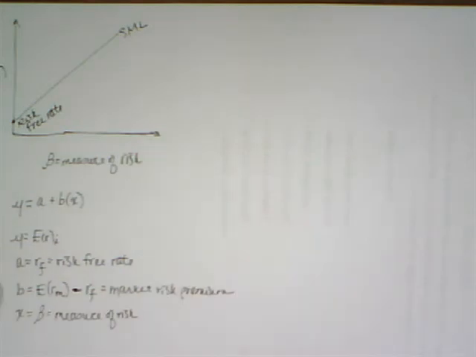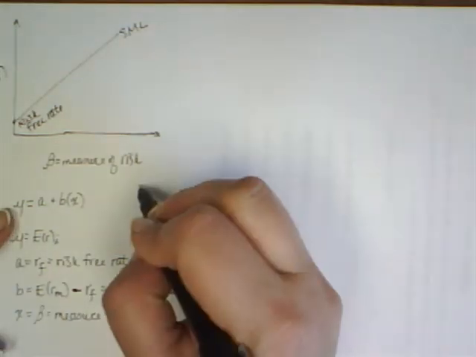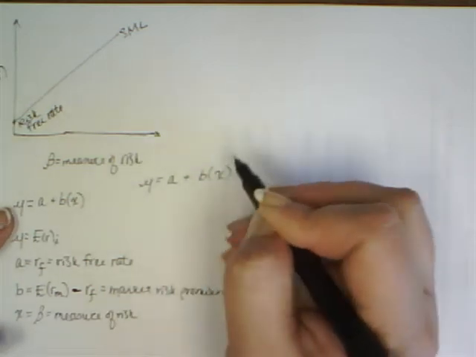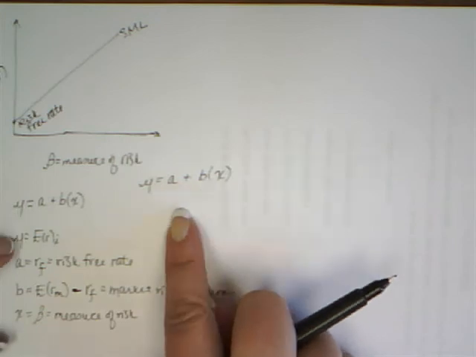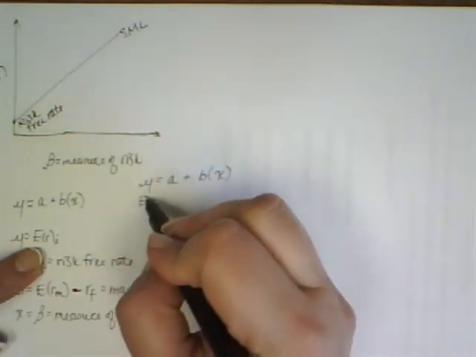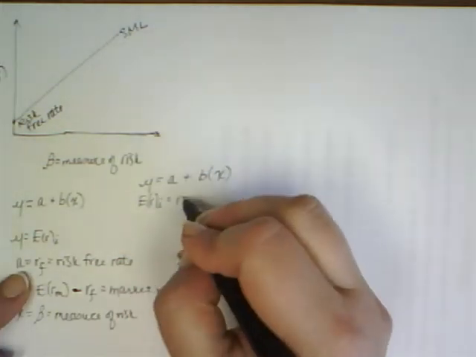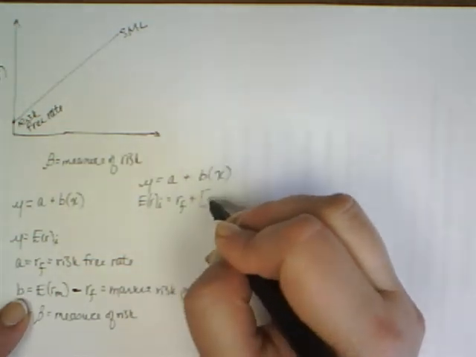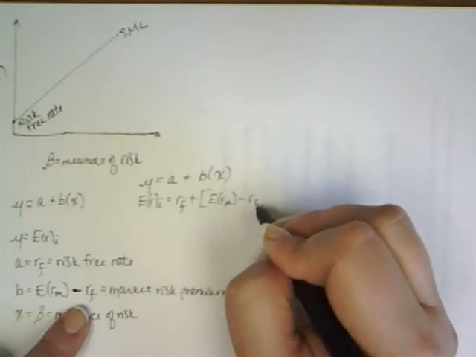Now we can write the equation for the SML using our new variables. Okay, so I'm going to rewrite it here just so we can keep everything lined up. Okay, this was the original equation we were working with, and we are going to rewrite this. So our y is equal to ERI, our a is equal to the risk-free rate, our b is equal to the expected return from the market minus the risk-free rate.